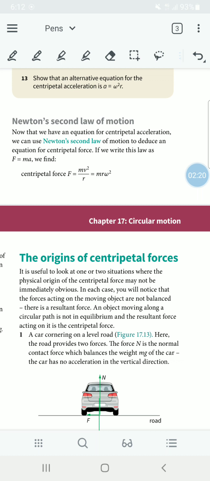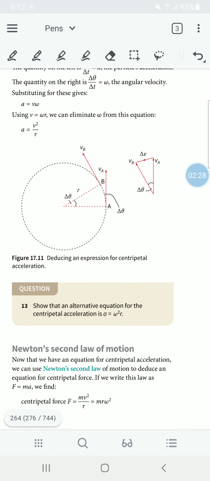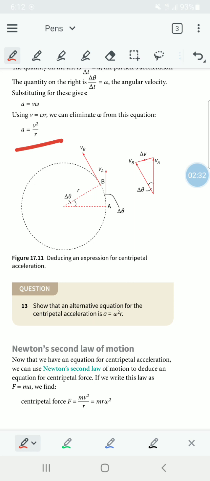And if you did not understand why and how that came, please refer to these two equations. We substituted the values for these two equations. Instead of a, in the F equals ma equation, we put these two instead of a.